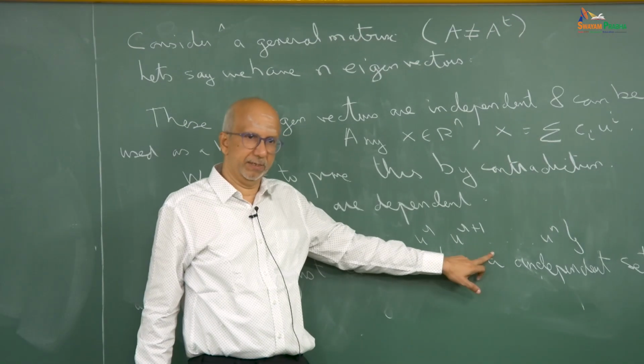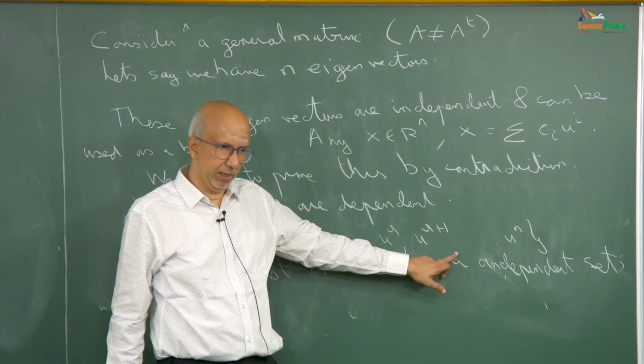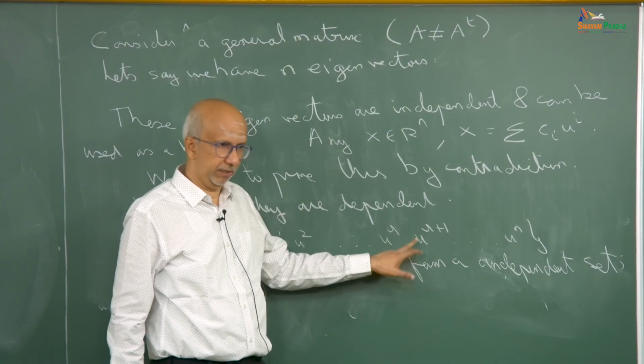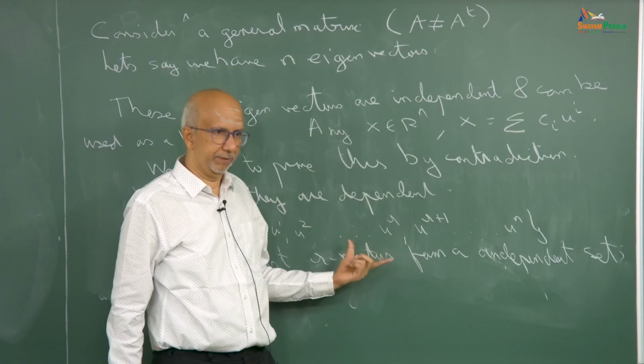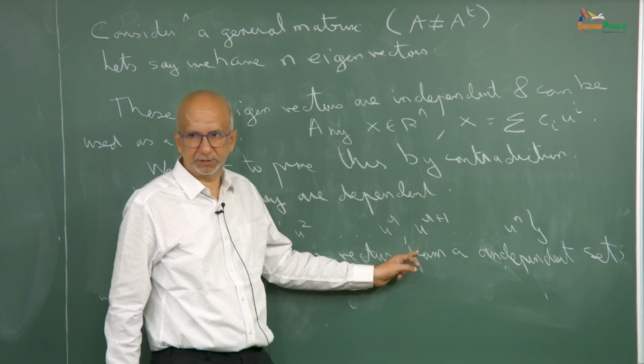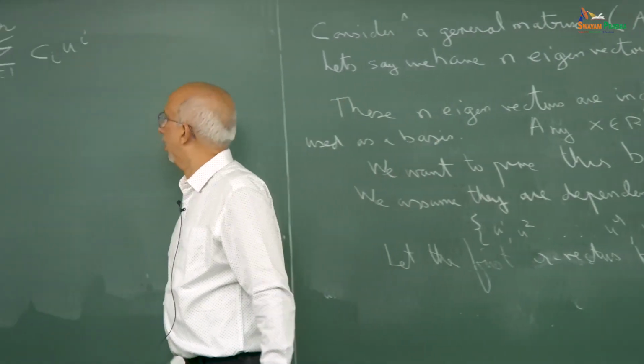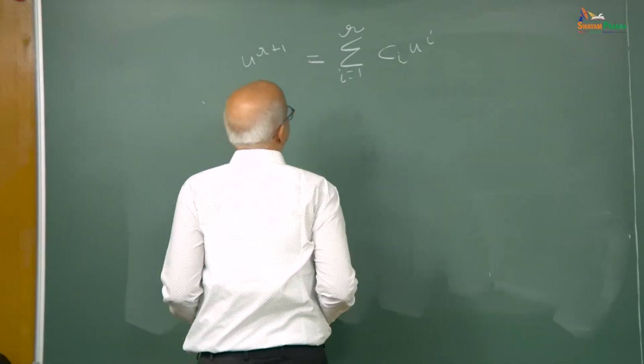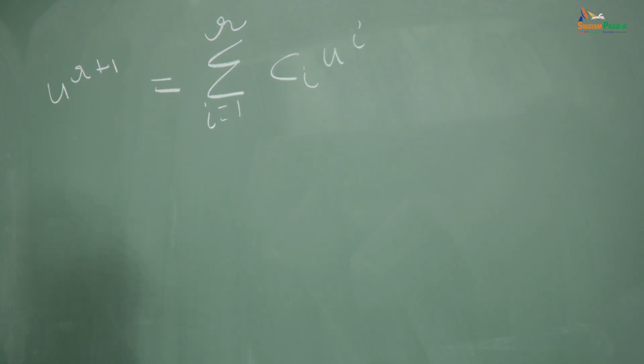So, any r plus 1 vector can be written as a linear combination if they are dependent. Okay, if this forms a dependent set, that means this can be written as a linear combination of these. So, that is what I have written. Ci is a non-zero number, that is what it means.